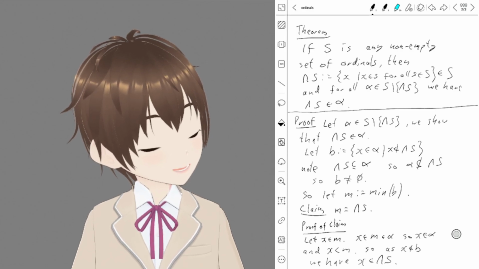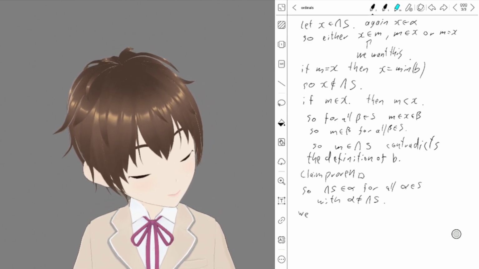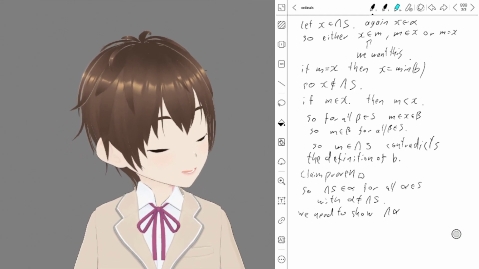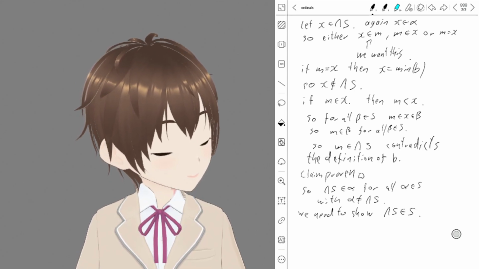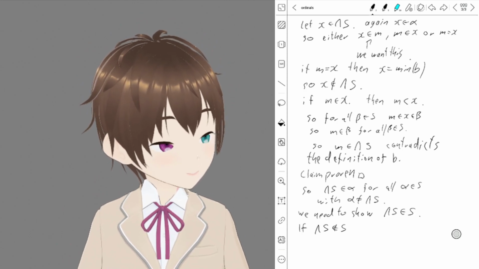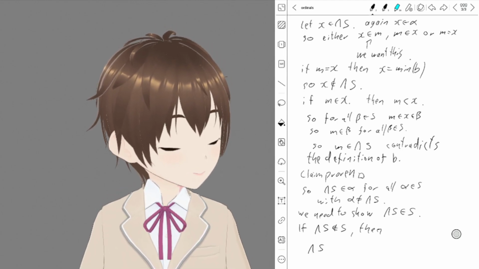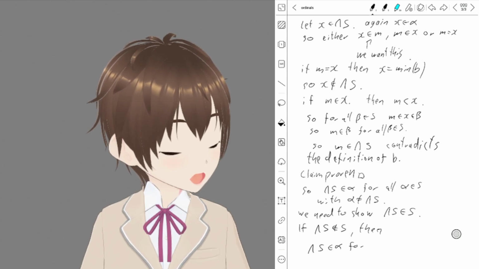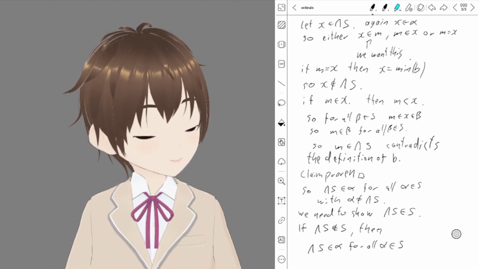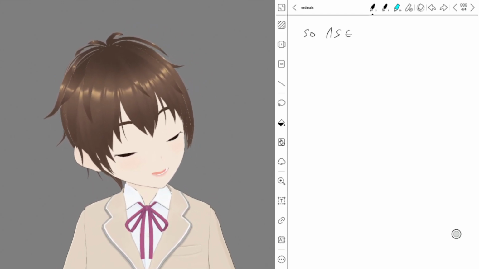And I also wanted to show that the intersection was an element of S. Well, this follows now because we need to show that the intersection of S is an element of S. If the intersection of S is not an element of S, then it follows from what I just proved that it's an element of all the elements of S. Then the intersection of S is an element of alpha for all alpha in S. In particular, that means it's in the intersection because it's an element of all the elements. So the intersection of S is an element of the intersection of S.